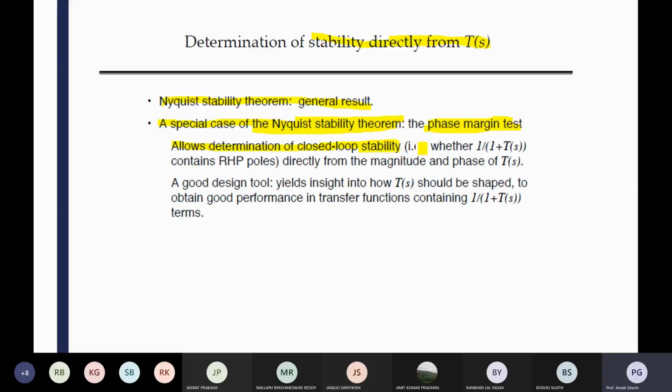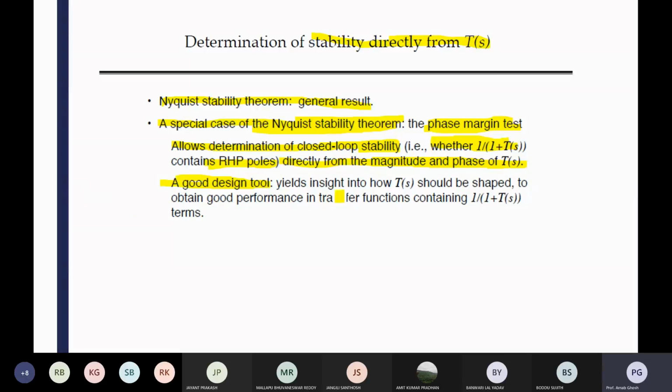Mathematical tools are normally used for modeling your switch, then designing your controller, so you are using mathematical tools all the time. You have to check which one is most suitable. Here, how T(s) should be shaped to obtain good performance in the transfer function containing the 1 by 1 plus T(s) term, that you need to find out.